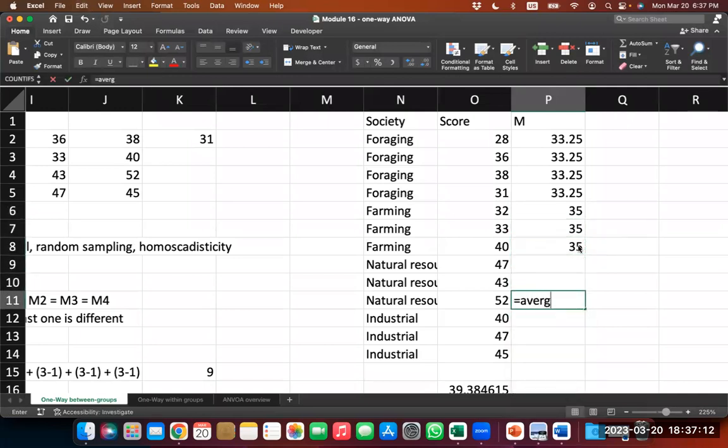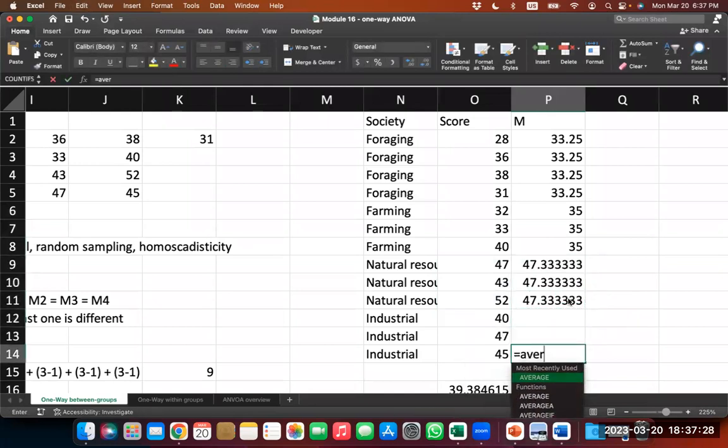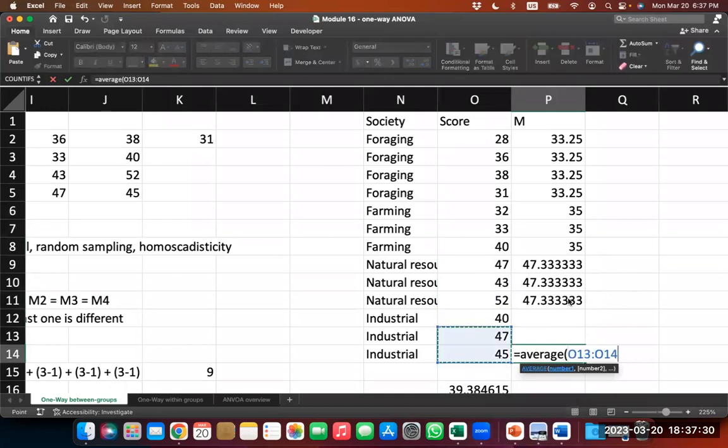Do the same for natural resources. Again, we need to lock it in. And we do the same thing for industrial, and again, we need to lock it in.